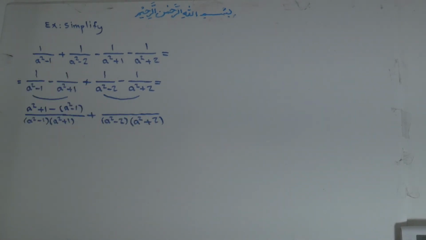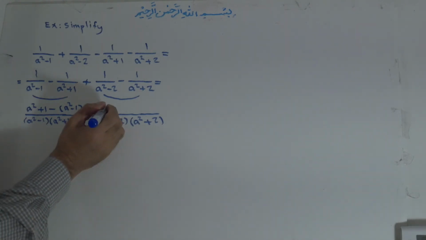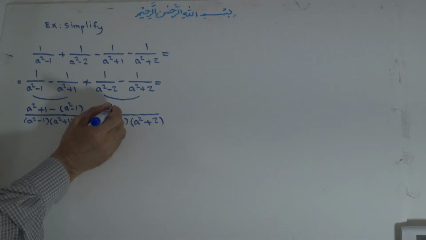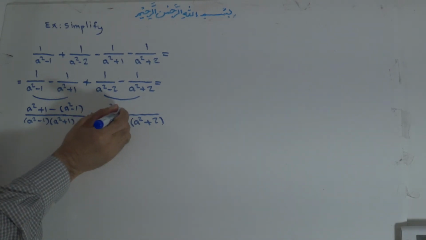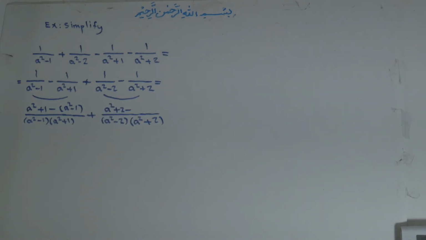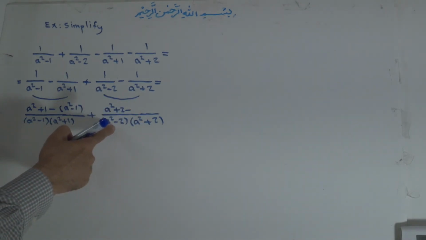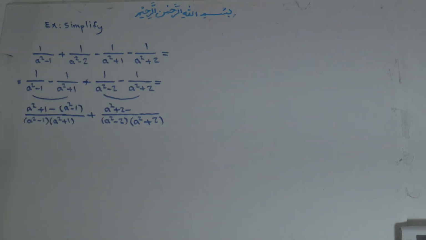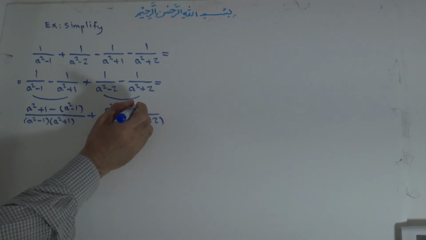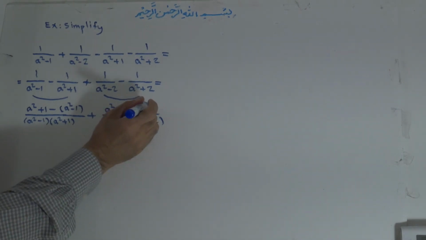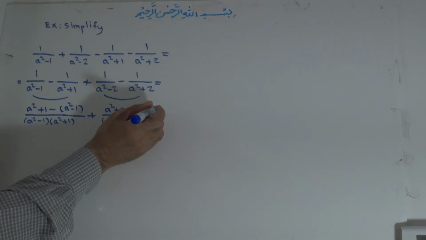This one divided by a to the power of 2 minus 2, the result is a to the power of 2 plus 2 times 1 is a to the power of 2 plus 2, minus this one divided by a to the power of 2 plus 2 is equal to a to the power of 2 minus 2 times 1 is a to the power of 2 minus 2.